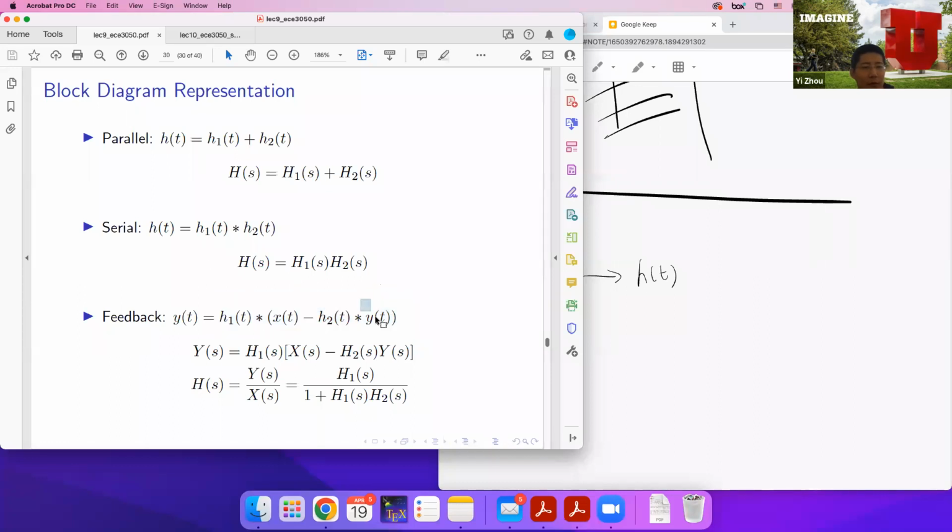You can see here we have y(t) on the right-hand side, which means the output is fed back to the system. By directly taking the Laplace transform on both sides, we obtain this equation where all the convolutions become products. Then we have Y on both sides, so we rearrange the equation and derive that Y over X equals this.